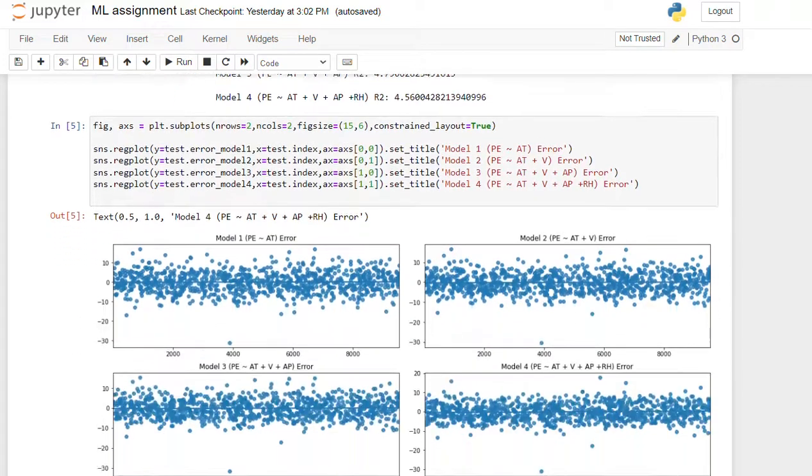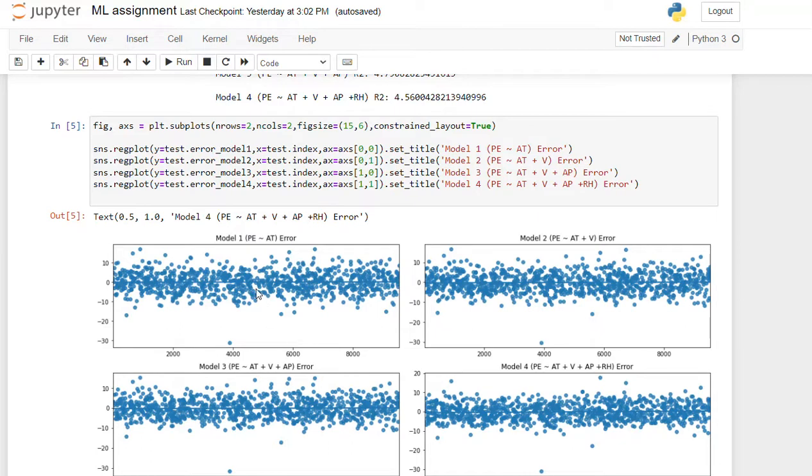We can also plot it out here to see the errors of the different models. As you can see, all of the errors are linearly distributed. So there is no trend or anything else that we are missing out here. The linear model seems to be the right way to go about it, because we don't see any patterns in the error and they are split on both sides of the line. Between the different models, there is not much difference.